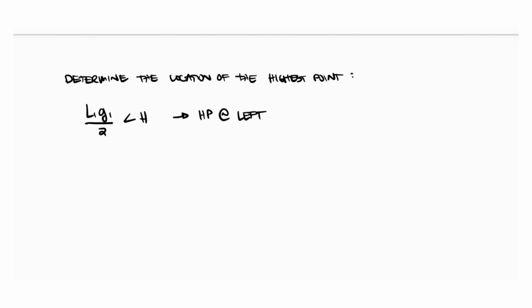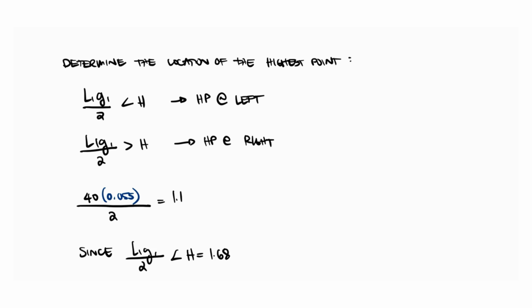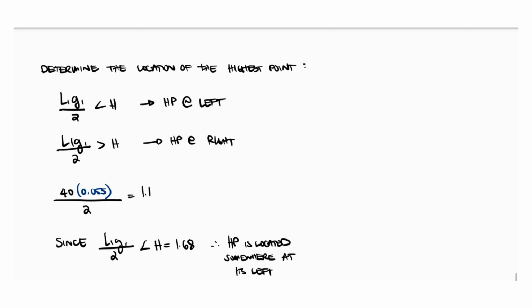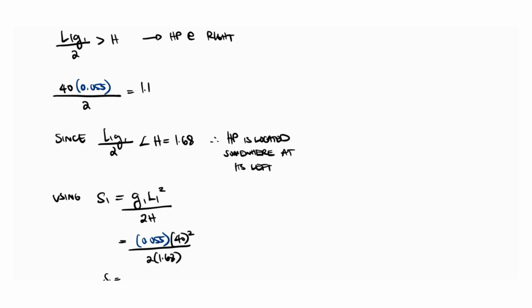If it is greater than, then it lies on the right side. Substituting the given values, we obtain 1.1, which is less than the height of the curve, 1.68. Therefore, the highest point of the curve is located on the left side. Now, using the formula for S1, which is g1 times the square root of L1 over 2 times h, we substitute the given values. This gives us S1 is equal to 26.1905 meters, which represents the distance from the PVC.